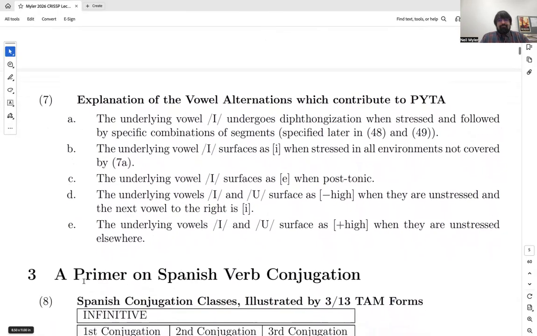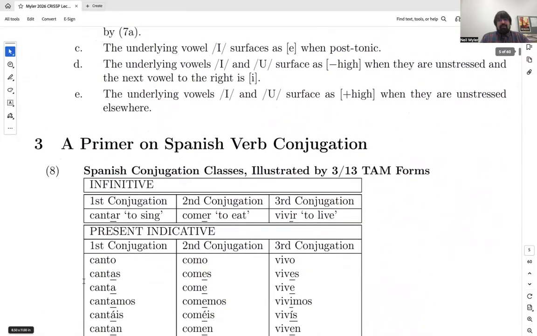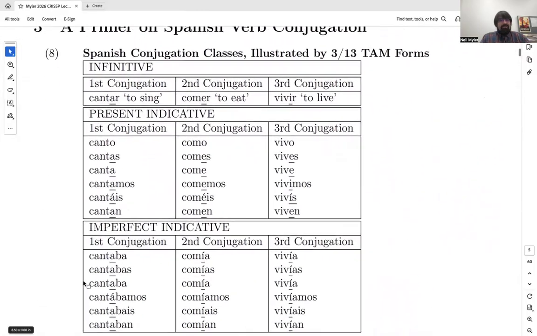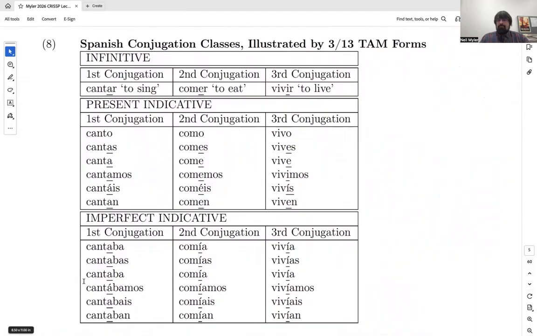Right, so Spanish verbs have 13 tense-aspect-mood forms. The main inflectional classes of the system are illustrated here with respect to 3 of them: the infinitive, the present indicative, and the imperfect indicative.